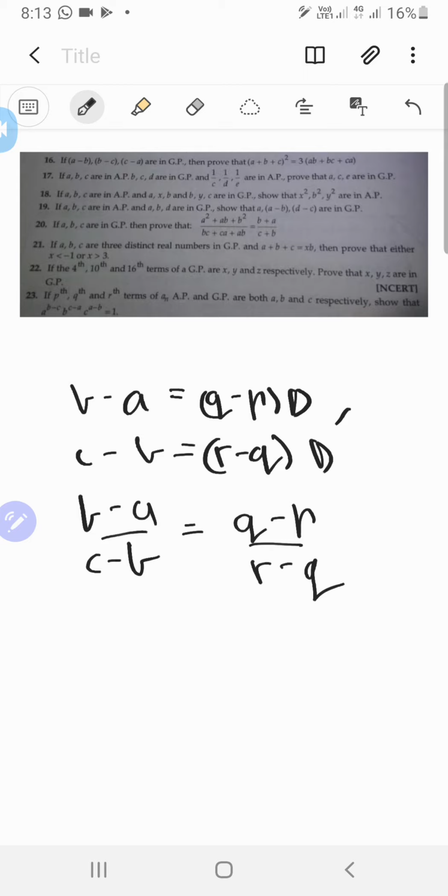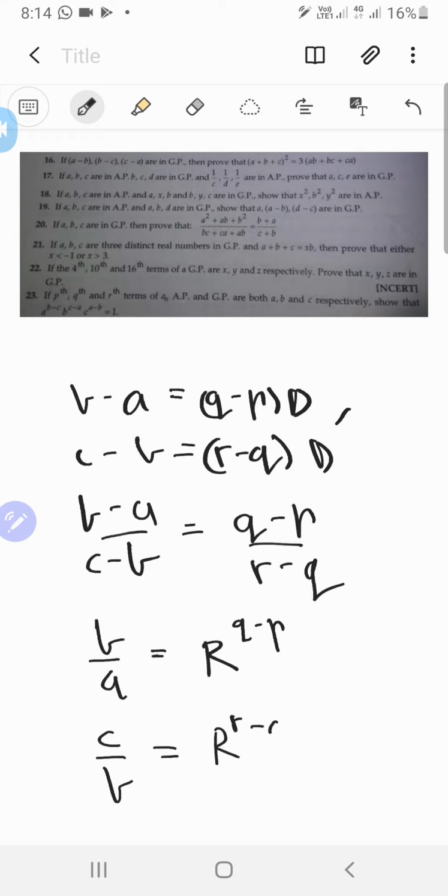And you also have that these are in a GP, which means b upon a is going to be r to the q minus p power, and c upon b is going to be r to the r minus q power.